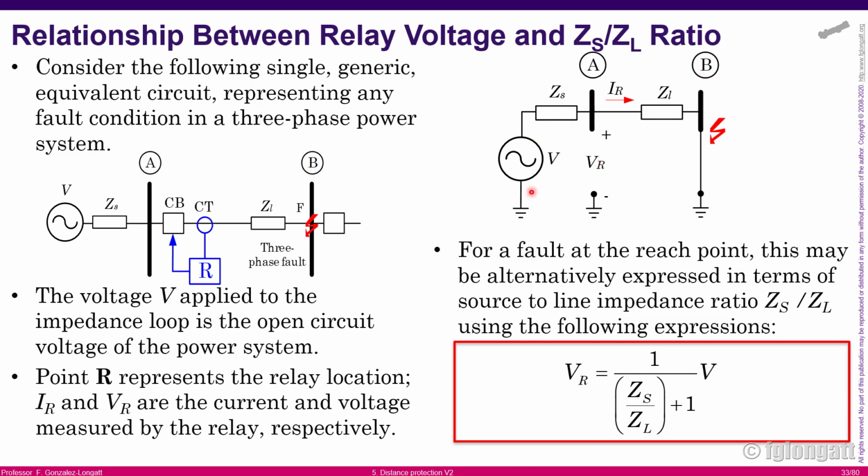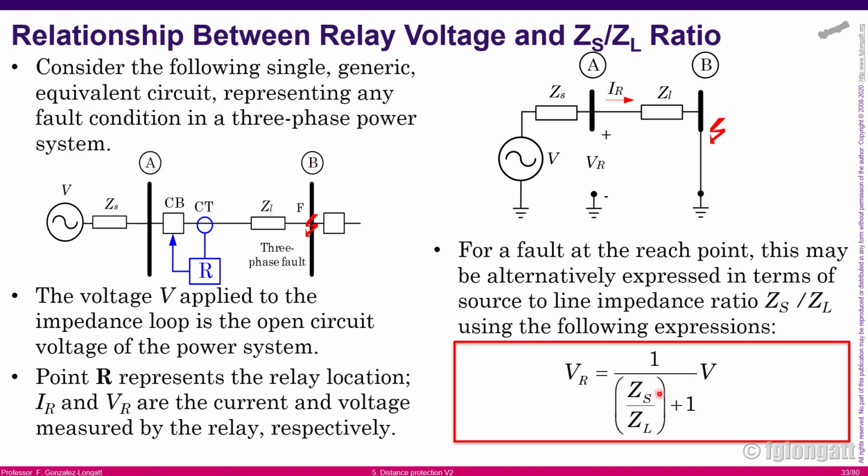What I am looking for here is the voltage at the terminals of the relay. Using a modified version of the voltage divider rule, we can see something very important. The voltage at the terminals of the relay is proportional to the supply voltage, but depends on this number in the denominator.